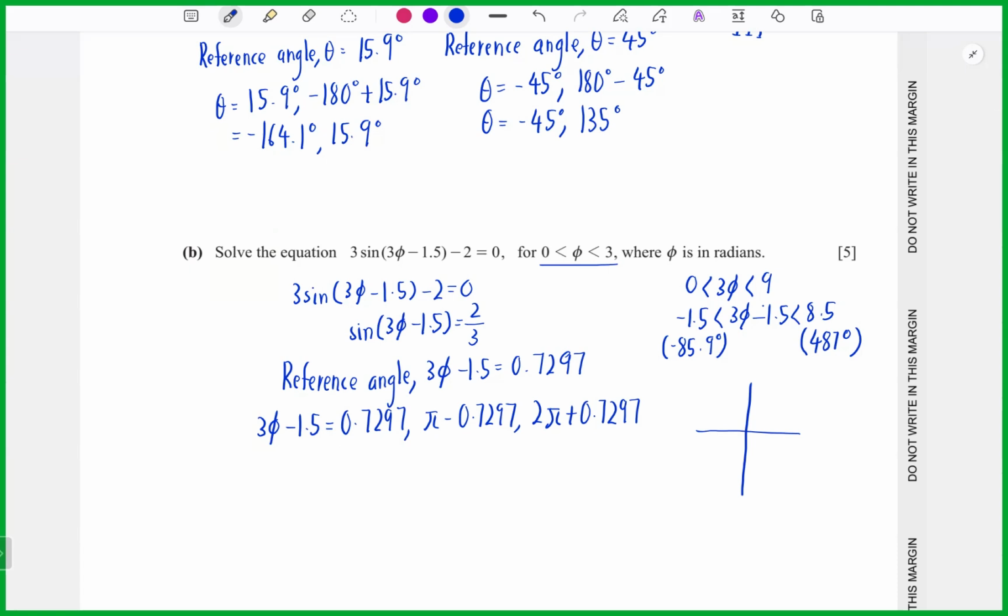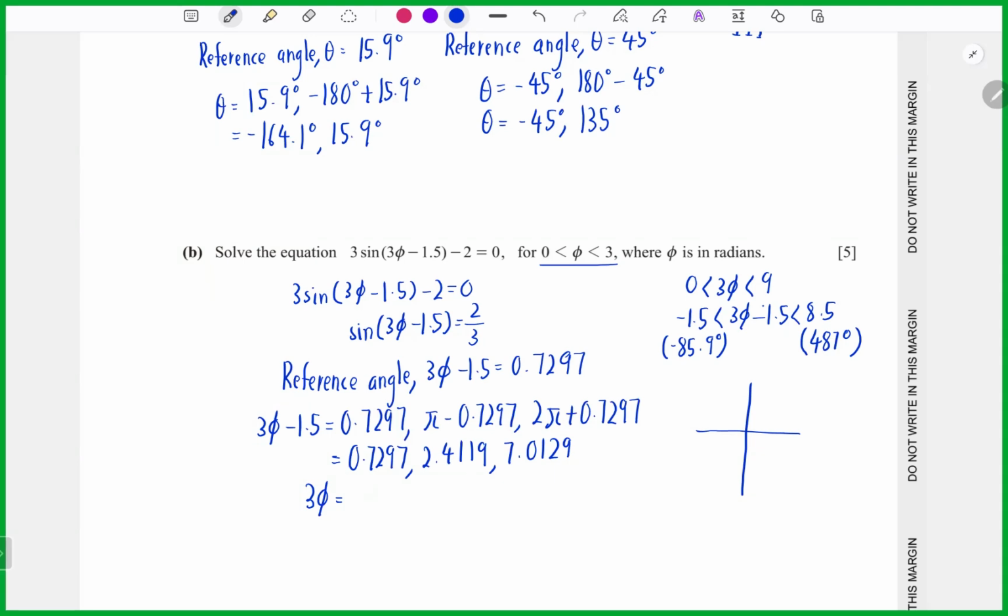Okay, so we can write here 0.7297. Pi minus 0.7297 is 2.4119. And the last is 2 pi plus 0.7297, then plus 1.5.